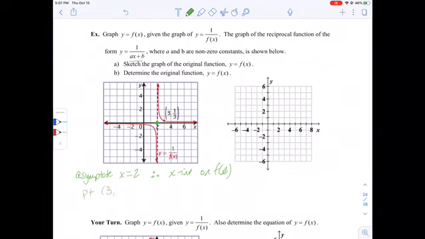And I also know I have a point (3, 1/3) on the reciprocal. Therefore, I have a point with y-value 3 on f of x, our original function, because of course the reciprocal of 1/3 is 3. So I know I had a point up here at (3, 3).